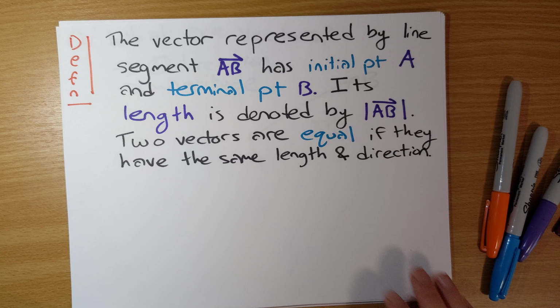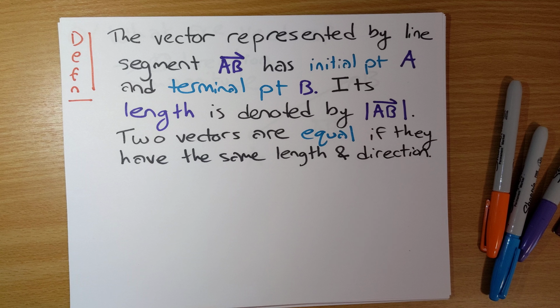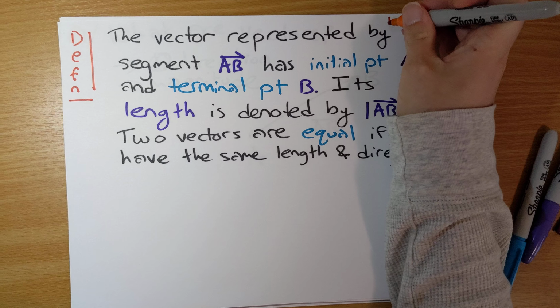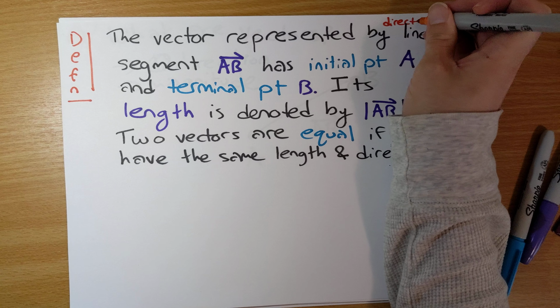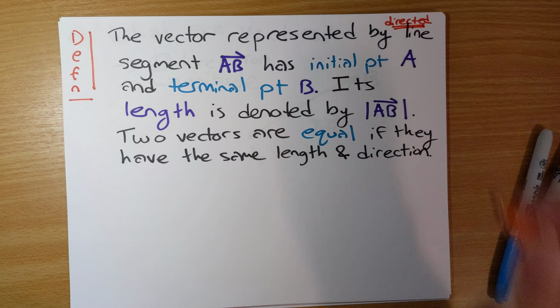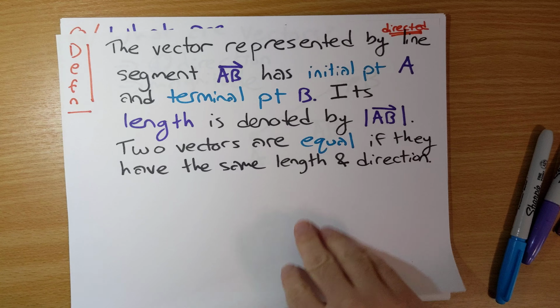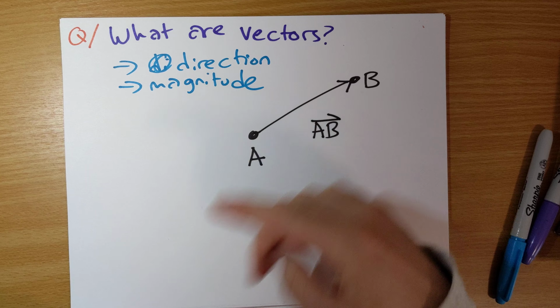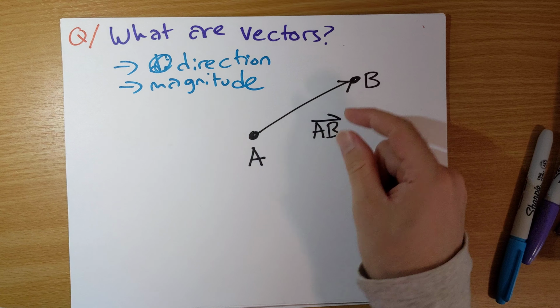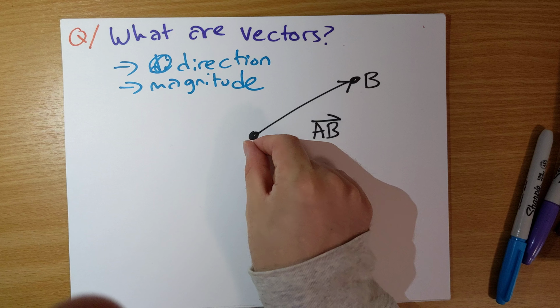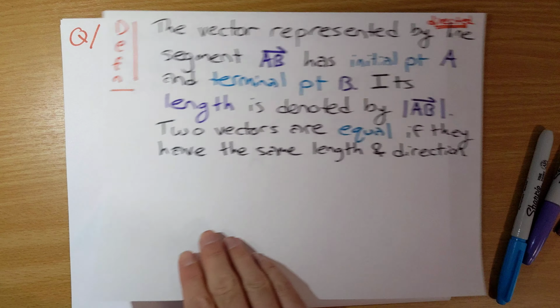So let me just show this definition. The vector represented by a line segment AB has initial point, and I'm just realizing here I forgot a word. It's very important that I include, it's not just a line segment, but a directed line segment. There's a notion here that there's some kind of implied movement from point A to point B. It's not just a line segment, it's a directed line segment.